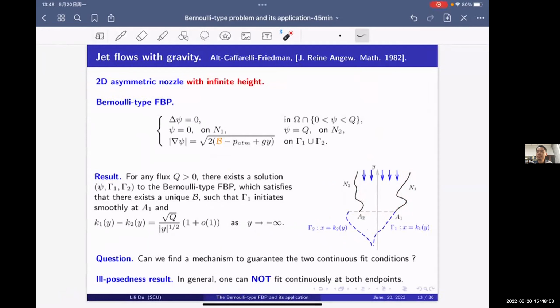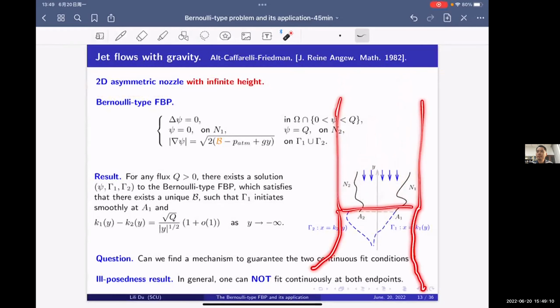Yes. Let me consider a cylinder. For the cylinder with infinite height, the velocity may blow up at the orifice. So we cannot find smooth solutions with the continuous field conditions in the downstreams. Okay.